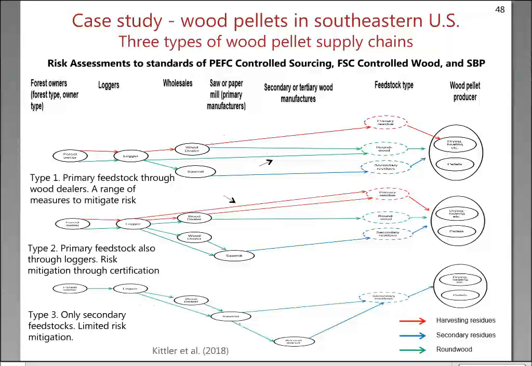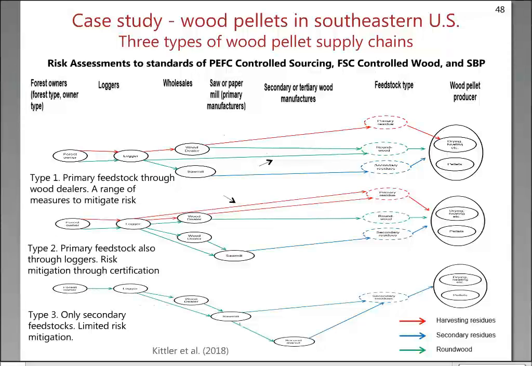And here we have a case study of wood pellets in southeastern U.S. It's interesting to see that even if they have different feedstocks and sourcing strategies, some mostly focused on primary feedstocks and buying these through wood dealers, others through loggers, and another type based on secondary feedstocks, they still use the same systems to show low risk of their feedstock.